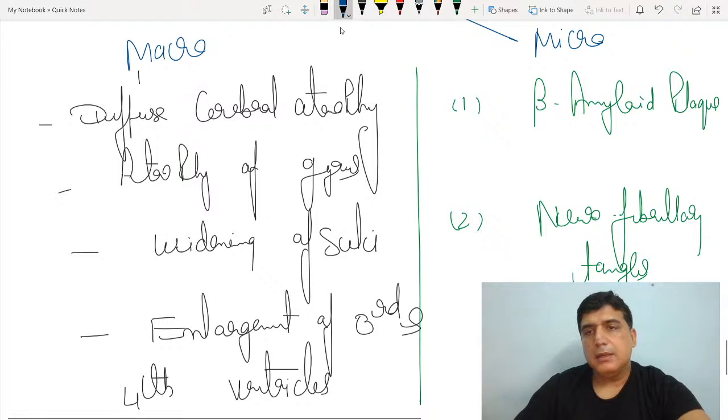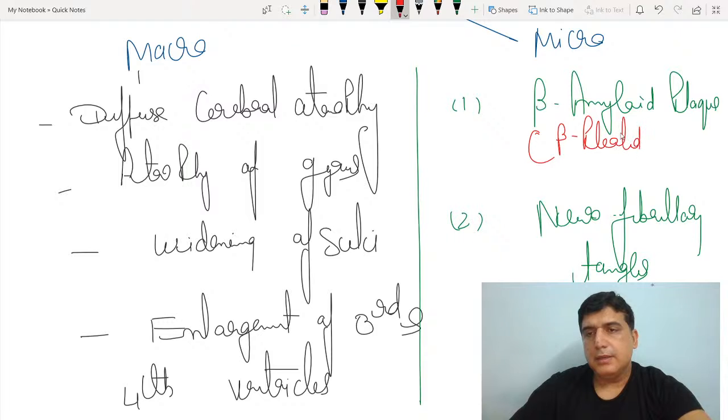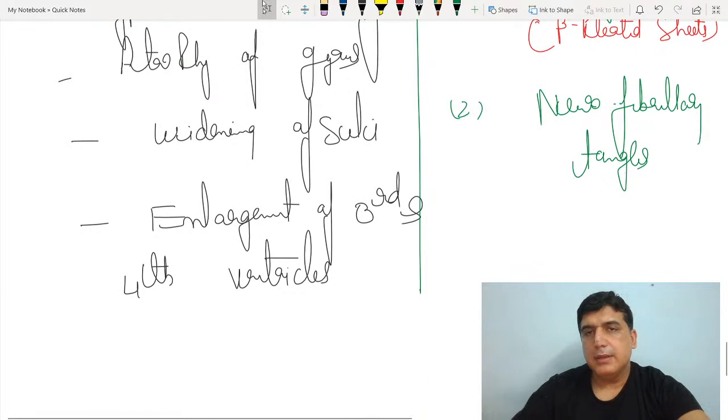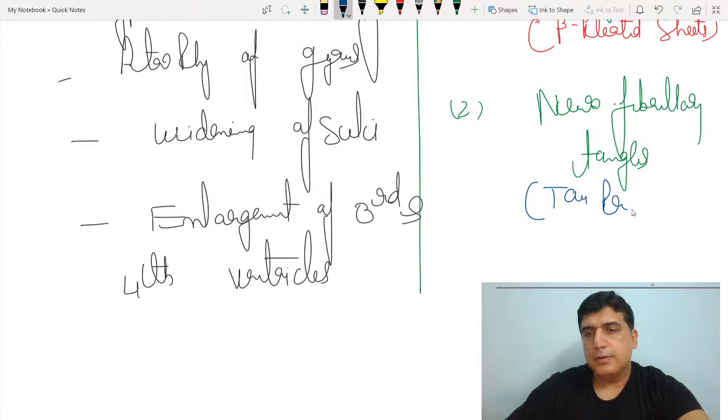Beta amyloid plaques are made up by beta pleated sheets, and neurofibrillary tangles are made up by tau protein.